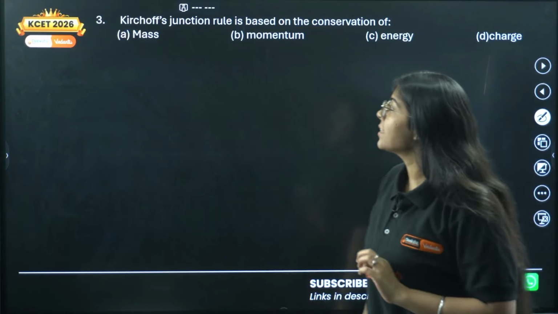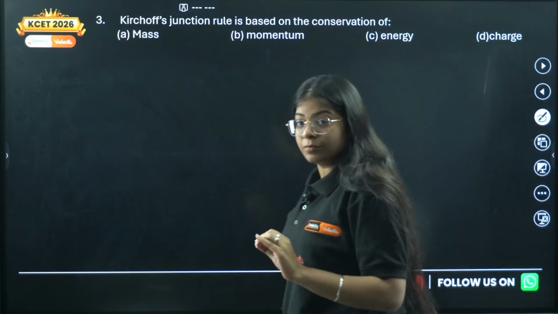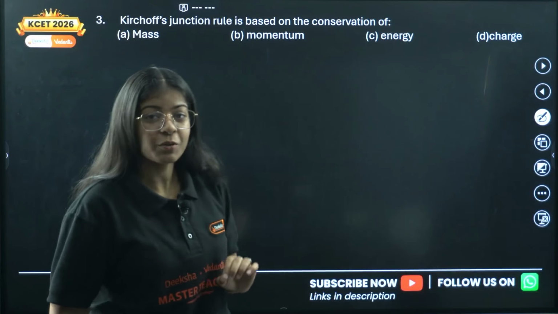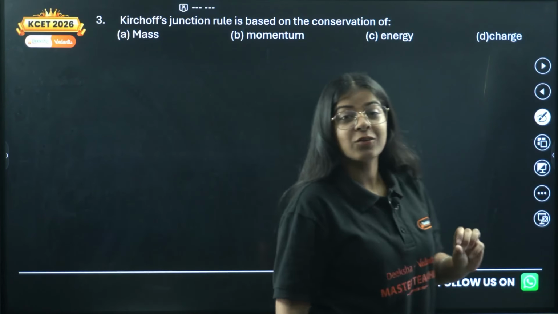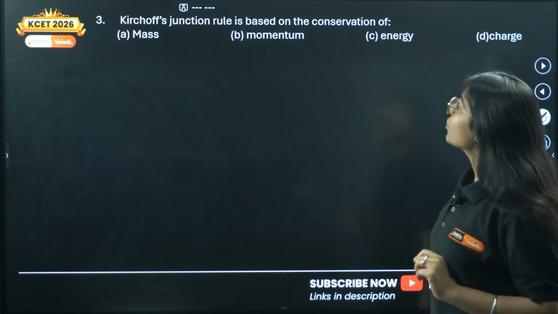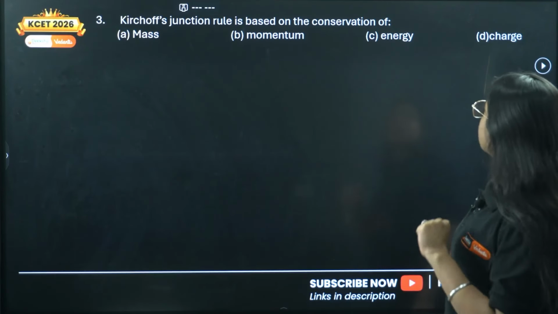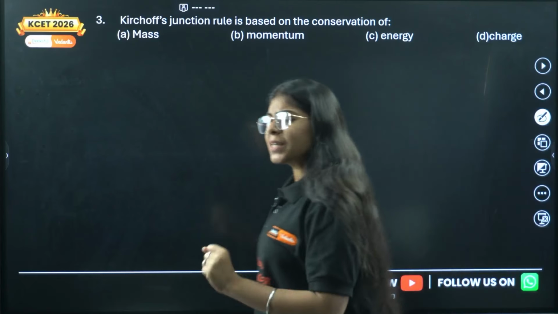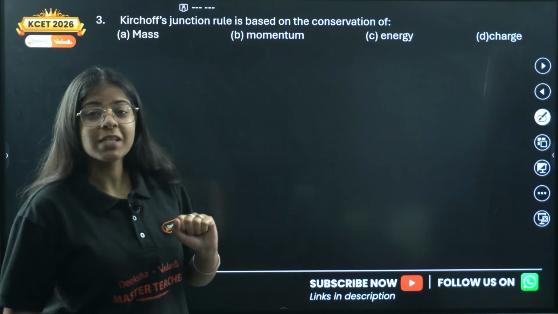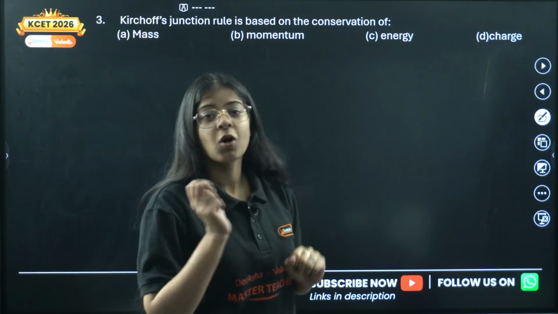Third question says, Kirchhoff's junction rule. What is Kirchhoff's junction rule? Do you remember? If you do, write down in the comment section. Kirchhoff's junction rule is based on the conservation of what? A mass, B momentum, C energy, D charge. So basically, write down in the comment section. So, written down? Okay.